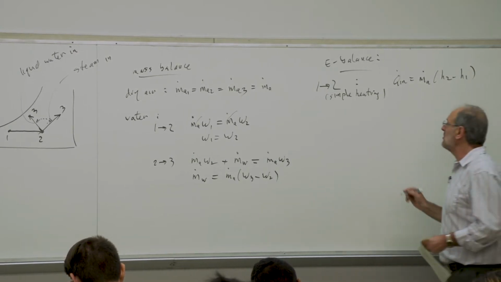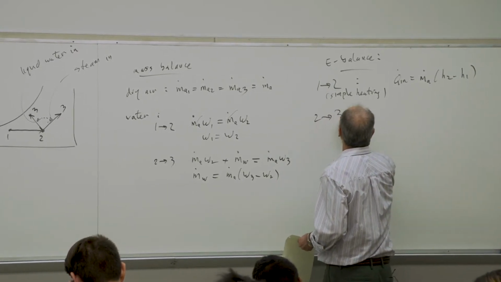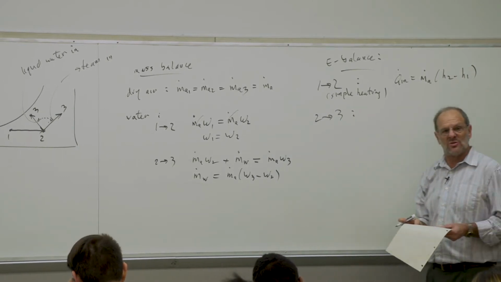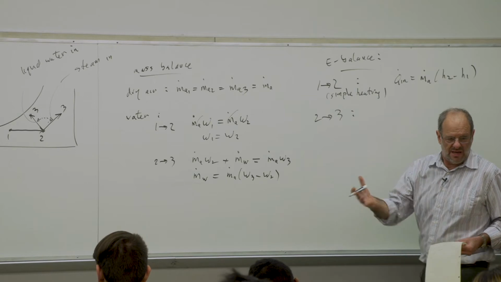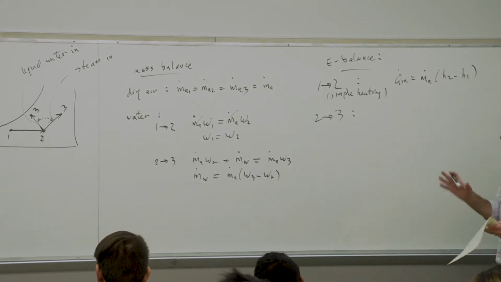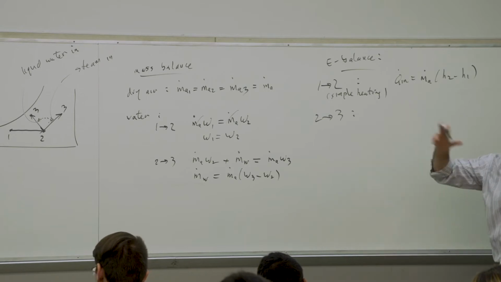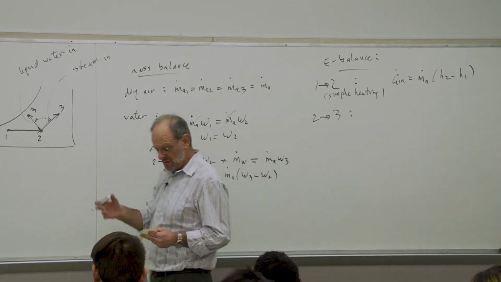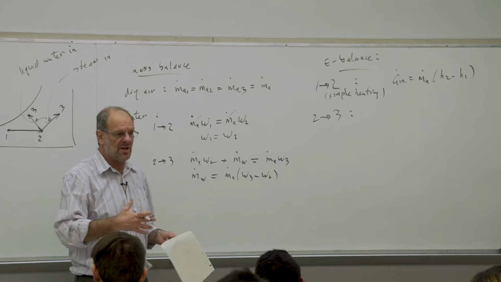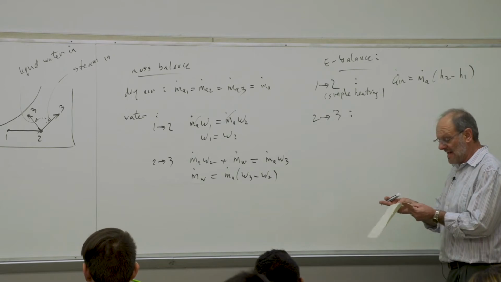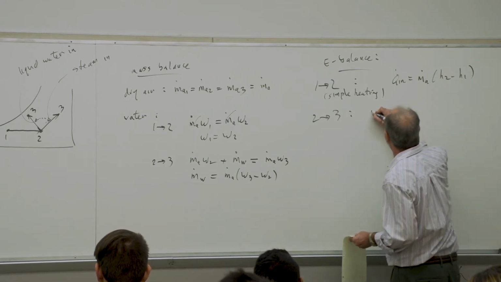However, as we go from 2 to 3, then things are certainly going to be just a little bit different, right? So there's a certain amount of energy coming in with the air. We know that this is our first law, the sum over all inlets, m dot i h i, equals the sum over all exits, m dot e h e. So we would look at that and note what's coming in.